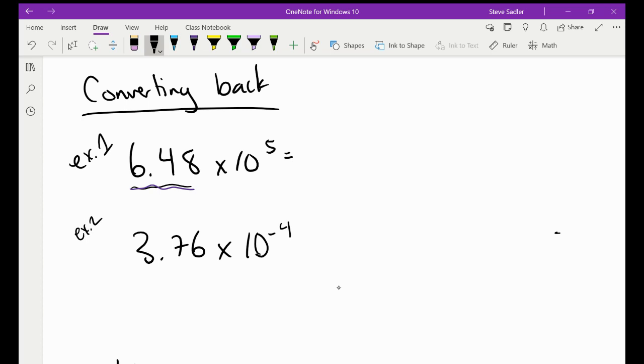So what I like to do is write 6.48, and now move my decimal. I want to move it 5 times, and I want to move it in a direction that's going to make 6.48 larger. So that means to the right. So 5 times to the right, 1, 2, 3, 4, 5. It's going to go right there, and then we fill our empty egg carton with eggs.